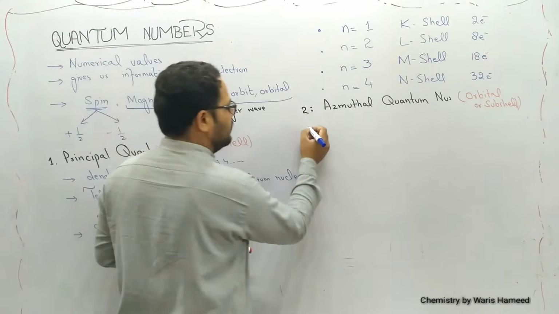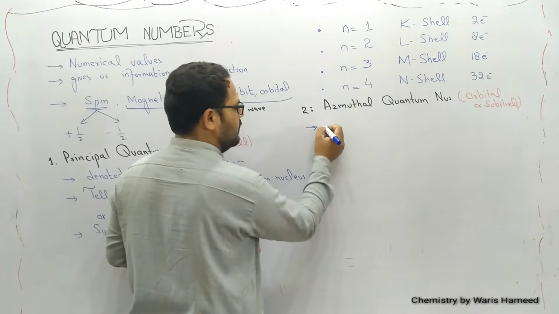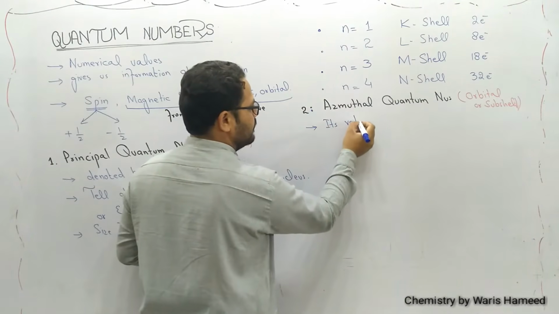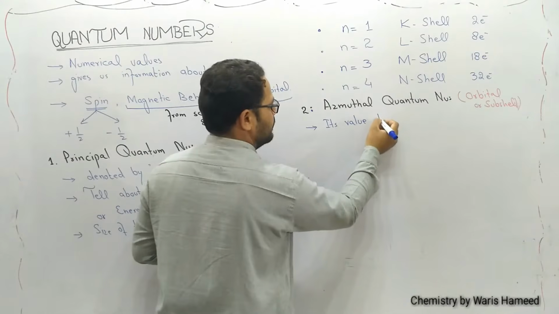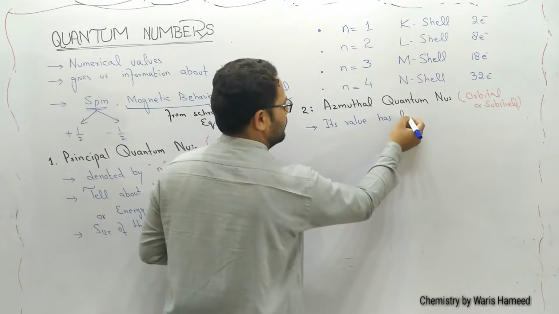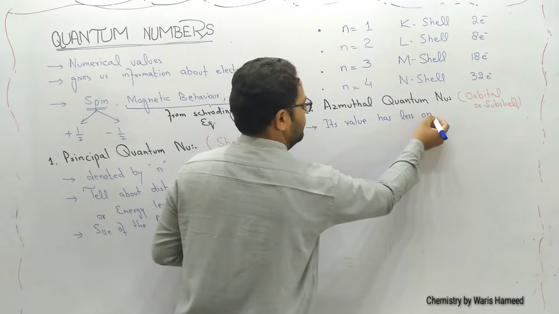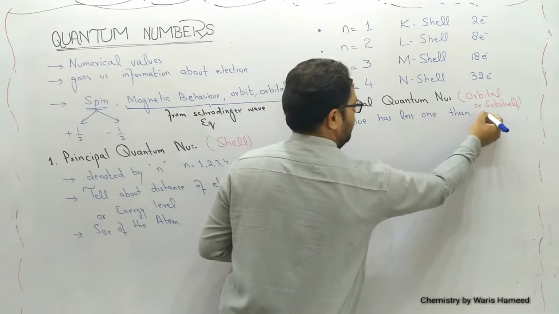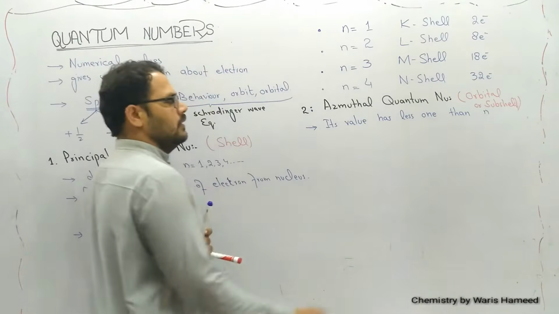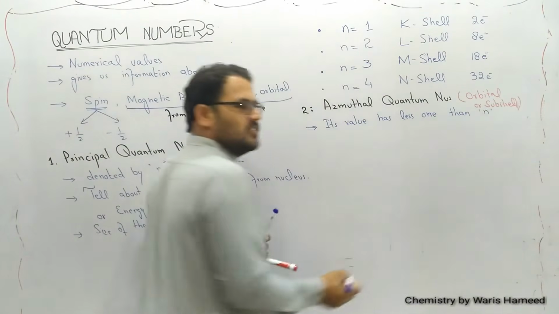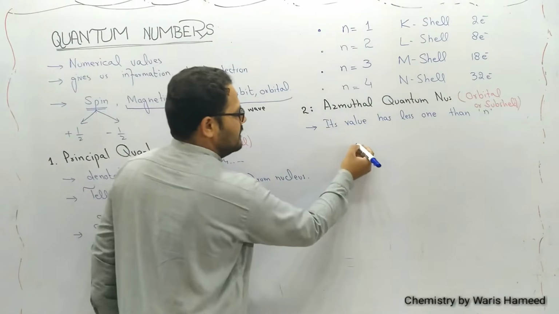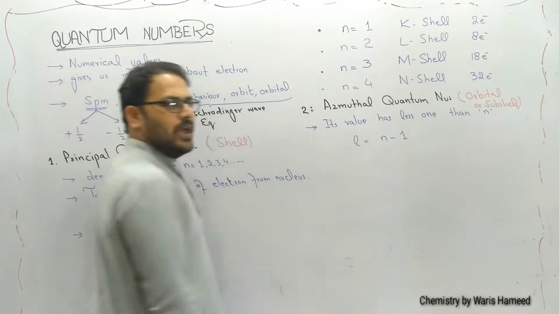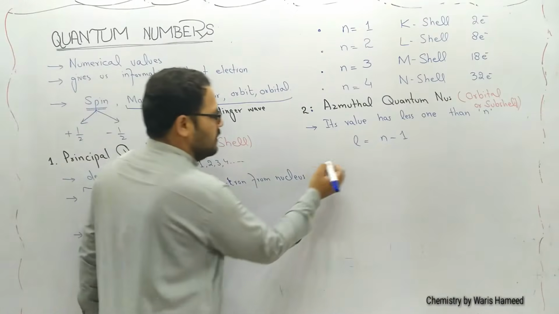It has a value less by 1 than the principal quantum number n. So we can write its formula: l is equal to n minus 1.